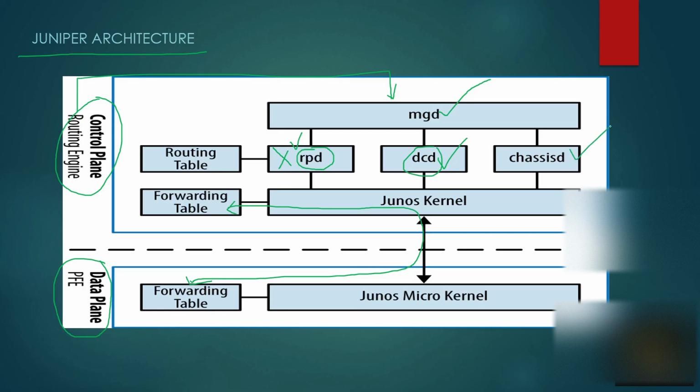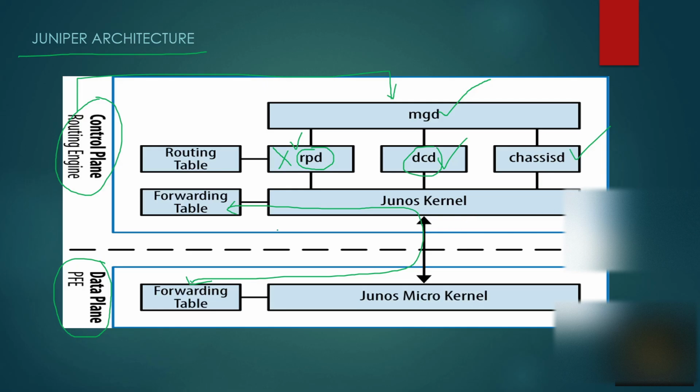And chassisd is a separate process. It means if anything happened to your device, in a Juniper device, it will create alarms. Suppose power supply failure, routing engine failure, SCB failure, interface down. If any hardware issues, right? The chassis daemon will monitor it and it will show you in the form of alarms. Okay. So the chassis daemon will be monitoring your entire device.